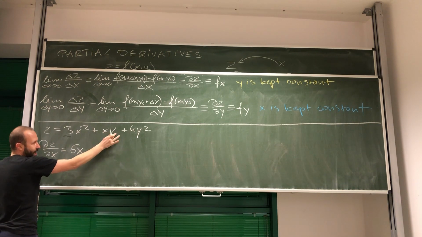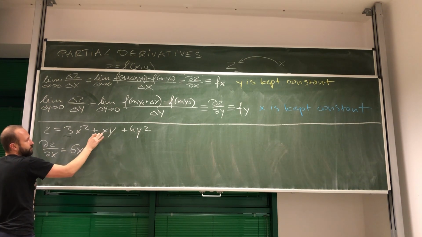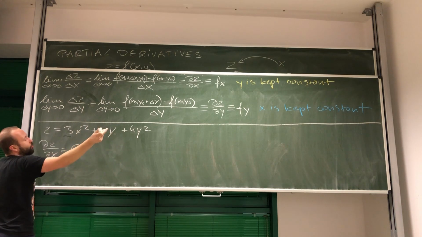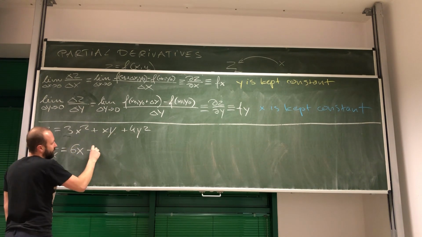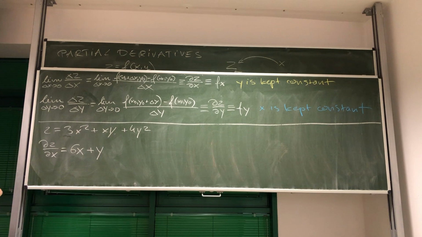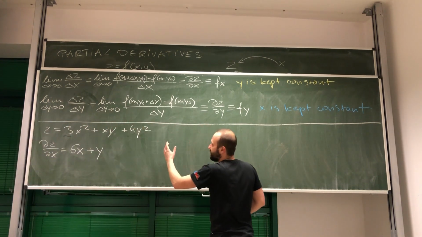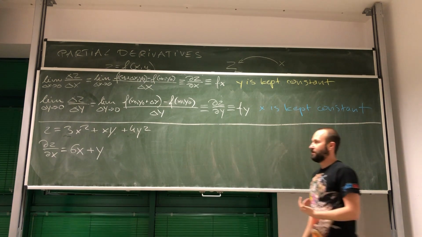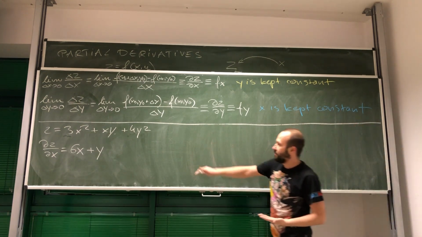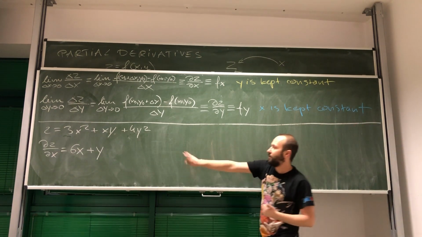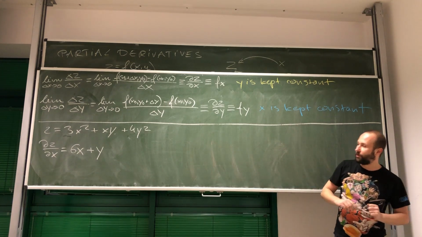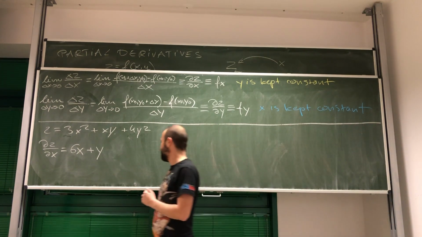Now, y is treated as constant, so xy is like 2x, 3x, 7x. We are getting just y. And over here, y is treated as constant, so this expression is treated as constant, so it is equal to 0.